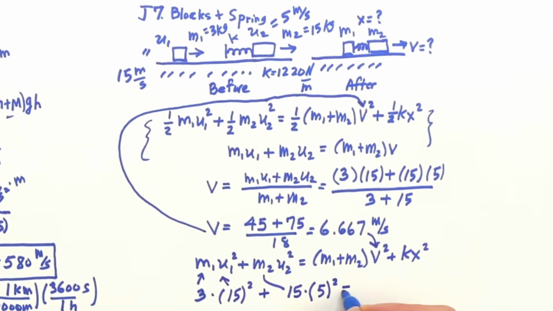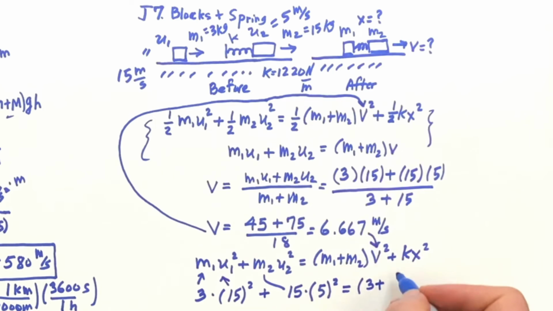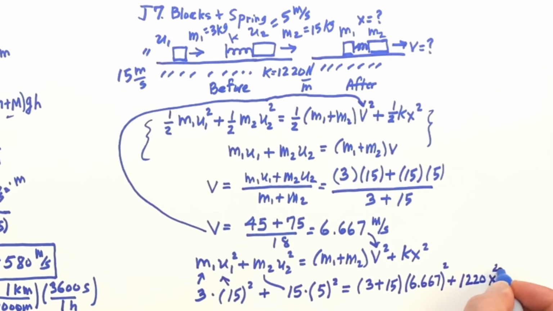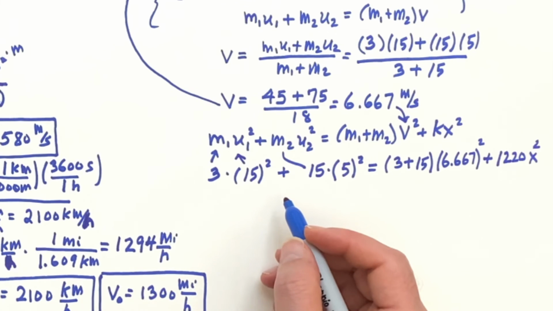So this is going to equal, now you have to add these together, that's 3 kilograms for m1 plus m2, 15. And for the v squared, we're going to have the 6.667, and that gets squared. And the last term is 1220 x squared. So I can find x squared easily.